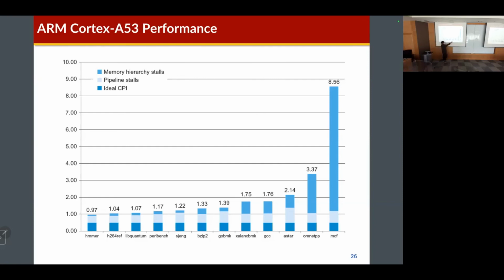But for some benchmarks, you can find that the performance is degraded very severely because of the memory system, because memory is very, very slow.